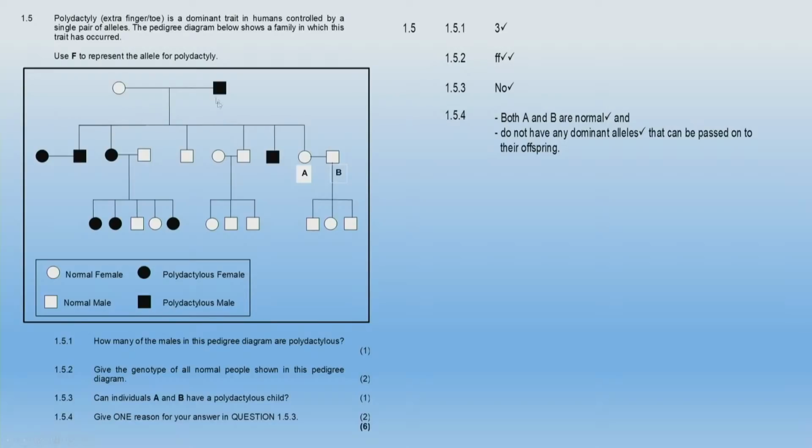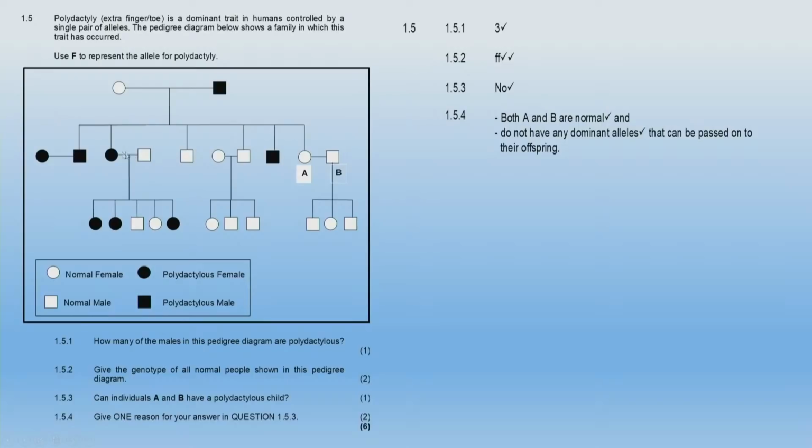So how many males? 1, 2, 3, 4, 5, 6, 7, 8, 9, 10, 11, 12 males.